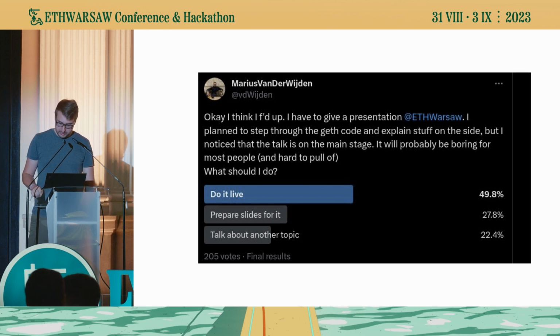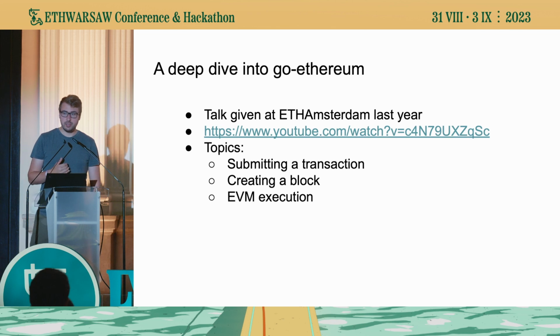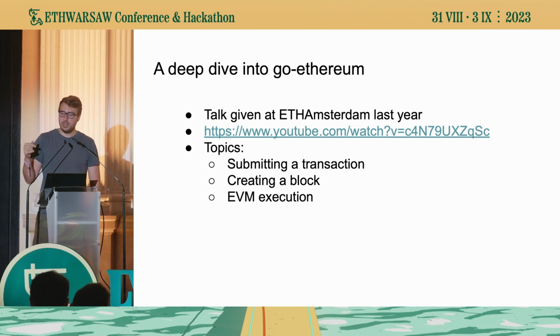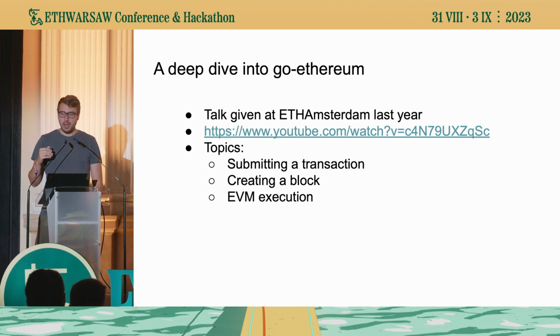So how did this presentation come about? I gave a talk last year at ETH Amsterdam where I went through the go-ethereum codebase and showed how a transaction flows through different modules in go-ethereum. We started with submitting a transaction, then we created a block out of it, and in the end we ended on EVM execution.